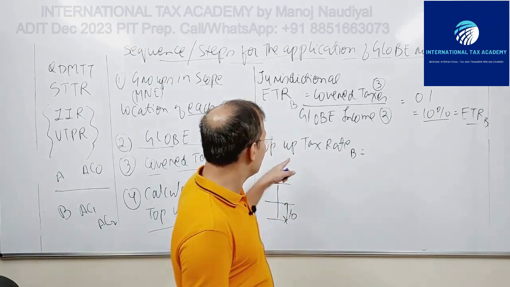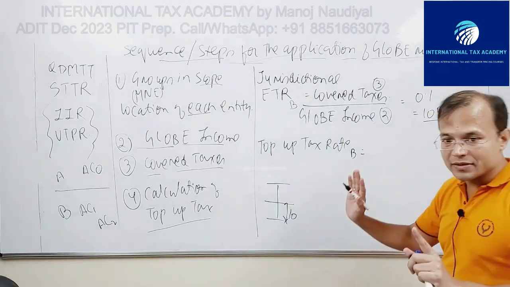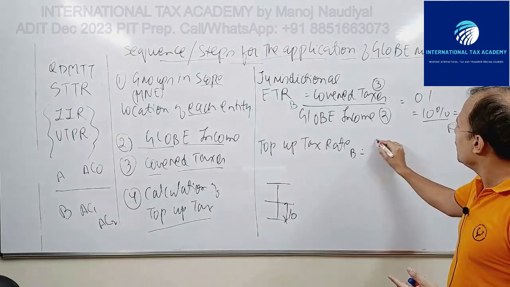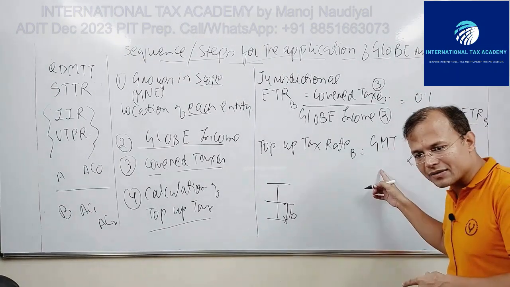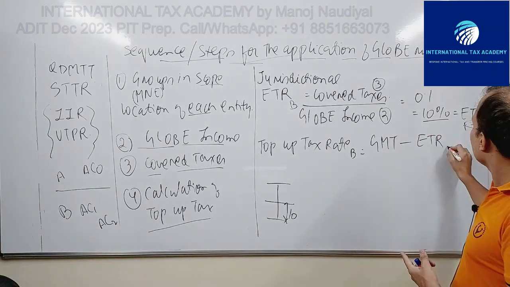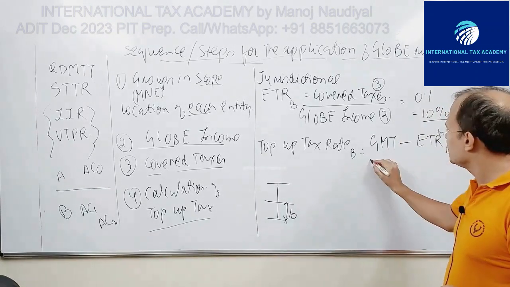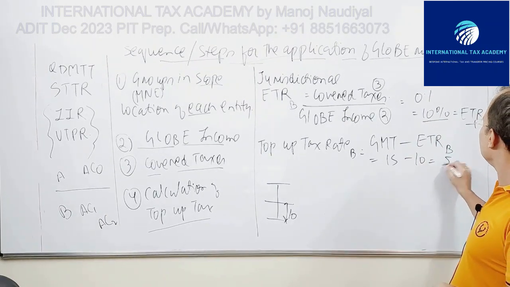Therefore, top up tax percentage will be equal to 5%. In terms of equation, it is equal to the global minimum tax rate, that is 15%, minus ETR B. So GMT we know is 15%, ETR is 10%, so ultimately you get 5%.